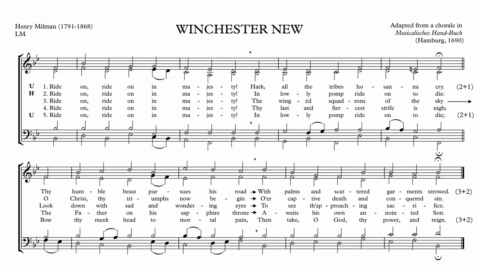So soprano, alto, tenor, bass, often abbreviated as SATB. In addition, if the soprano line is being sung by choristers, by children, it's traditionally called the treble line rather than the soprano line. Soprano normally refers to an adult woman.